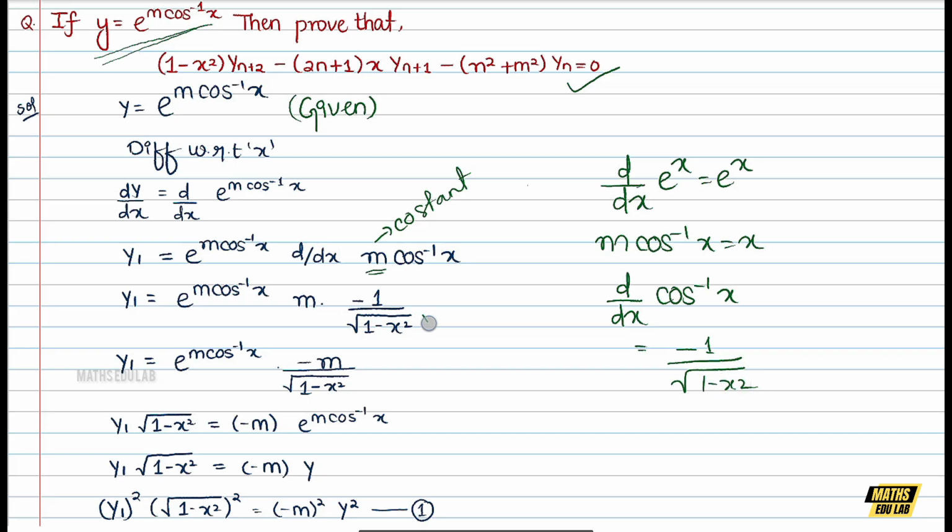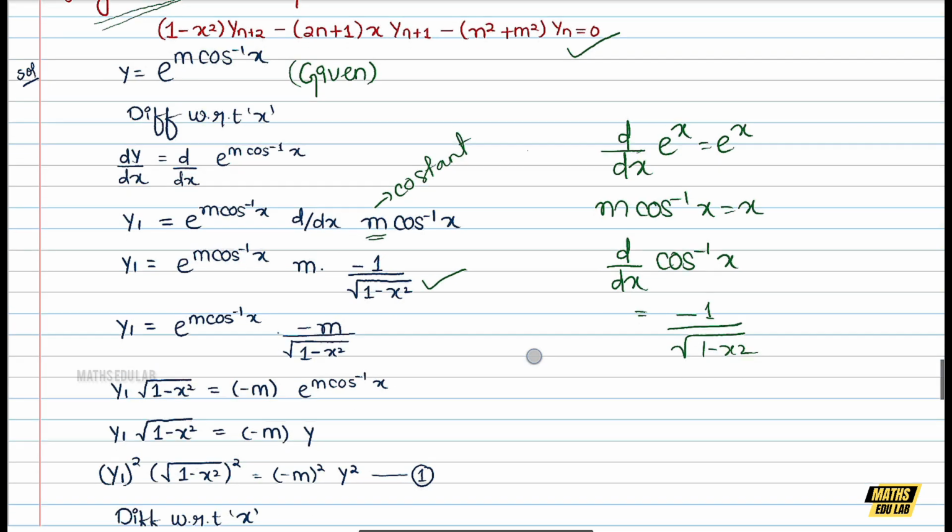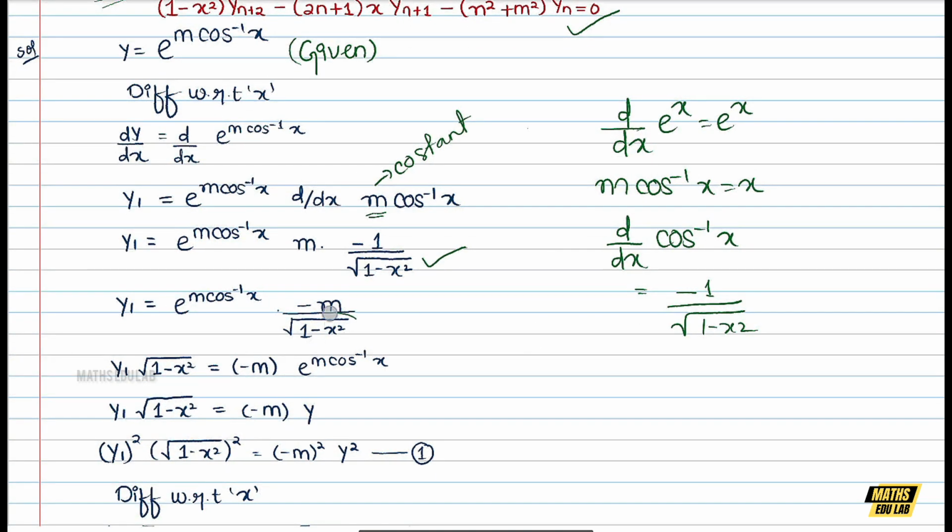So this is what I have written, and then on multiplying the values, see here the denominator value which is present, root over 1 minus x square, will get multiplied to the left hand side, then it will be written as y1 root over 1 minus x square is equals to minus m e to the power of m cos inverse of x.